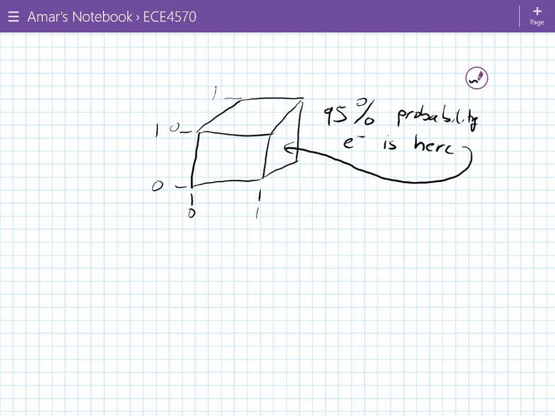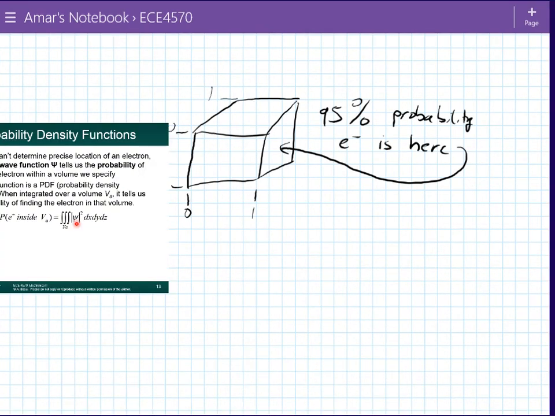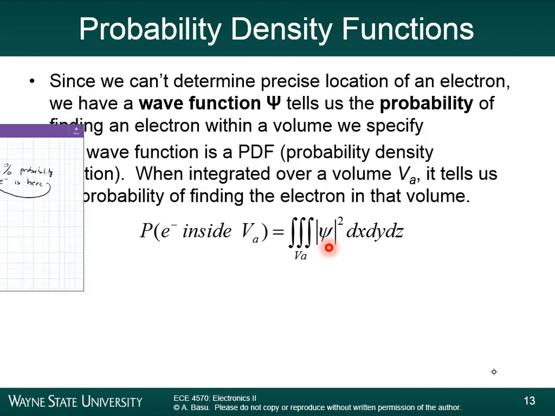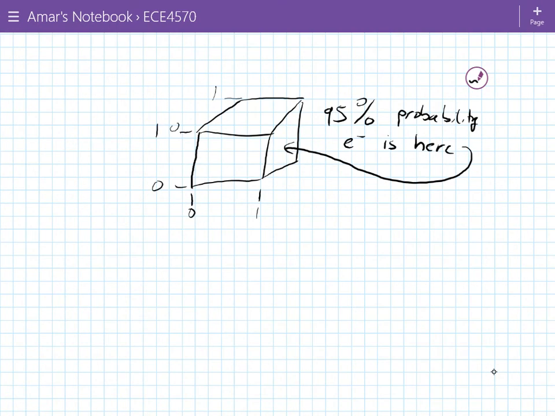All right, so by this formula, the probability of the electron being within that volume, P of E, would be equal to the integral from x equals 0 to 1.